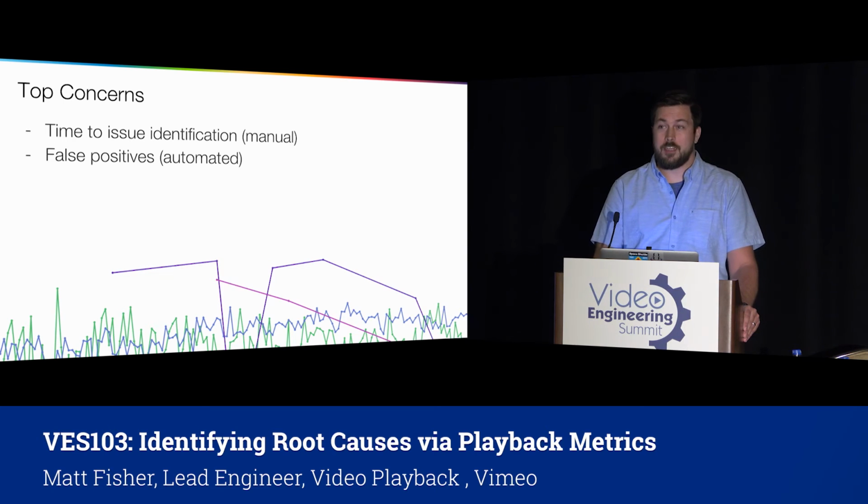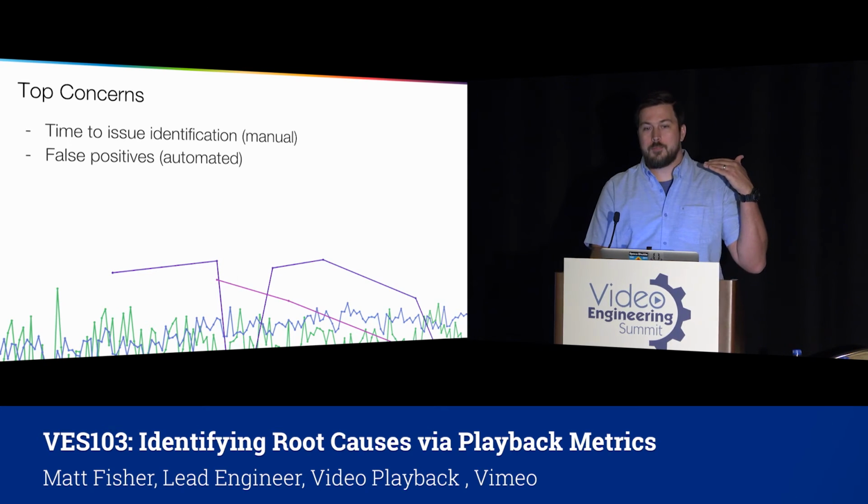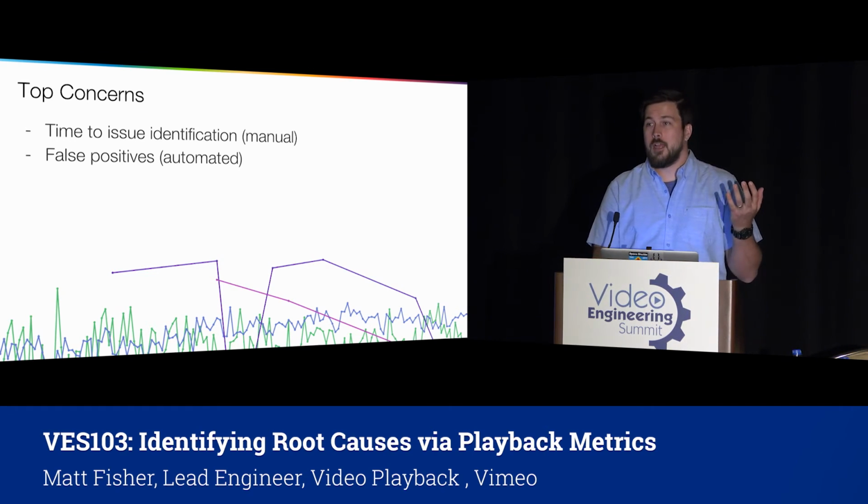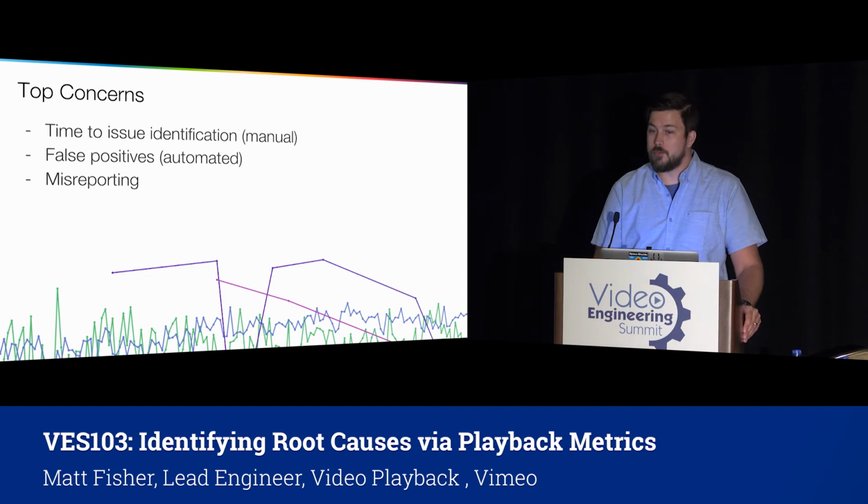There's no necessarily, at least from my opinion, clear definition as how we can resolve that. But again, being able to check off a lot of these other points that I've made helps us hopefully be able to minimize the amount of false positives that we get, because again, the top concern here is really around time.